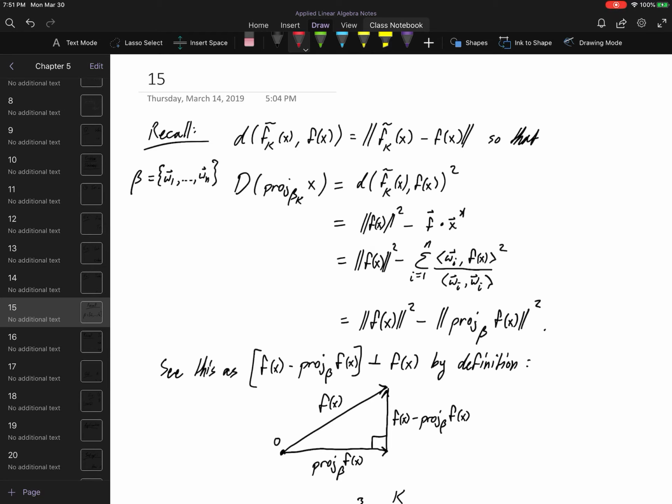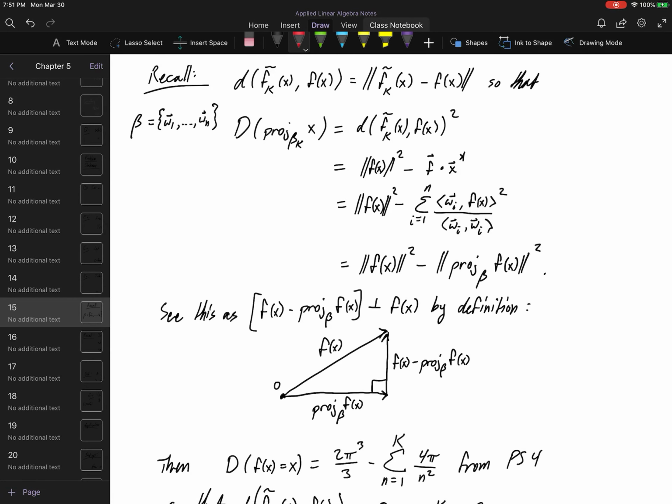Well, okay, the norm of f is easy enough to compute, but the distance here, if we use the minimization principle, we know that that minimum distance is exactly the norm of f squared minus f dot the weights x star, which I can now write in terms of a partial sum.